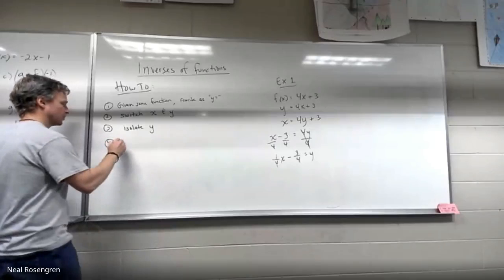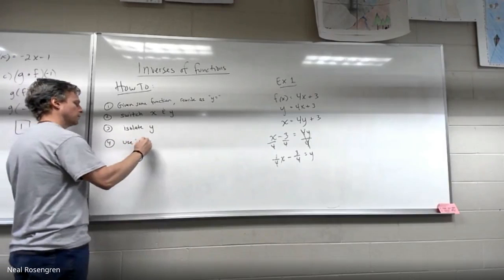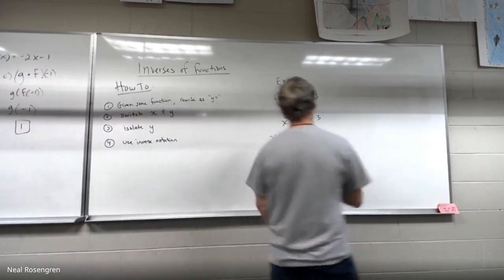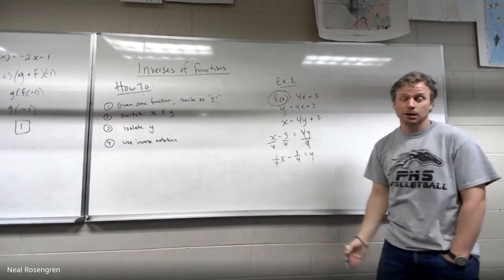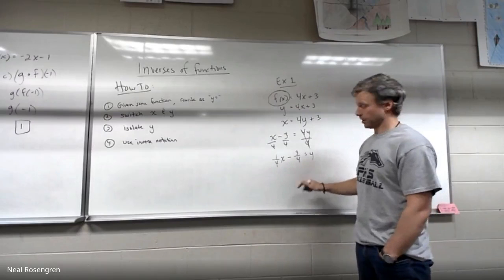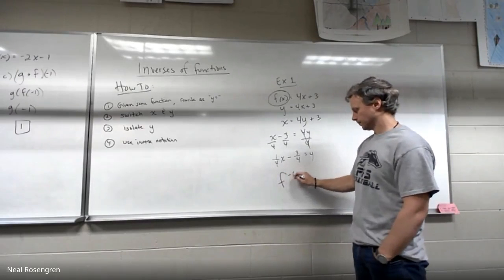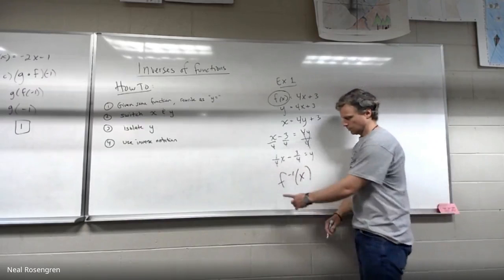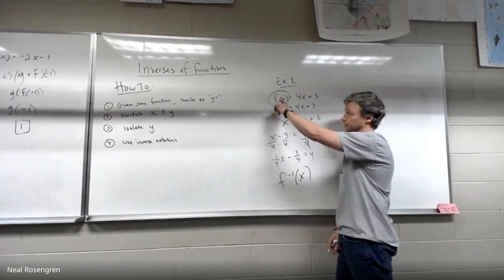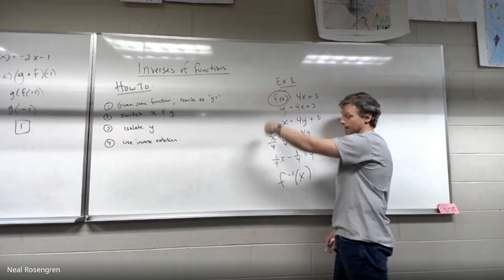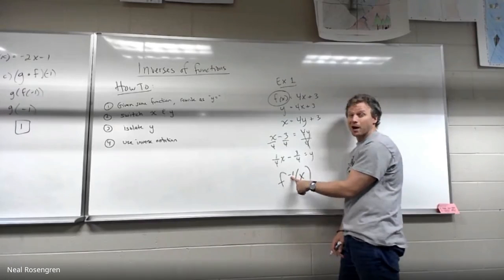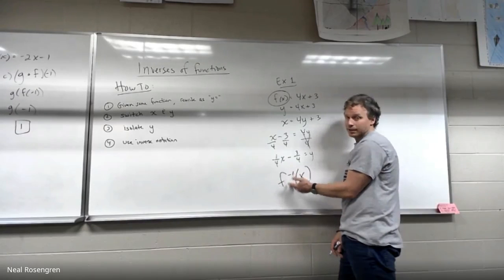Now I just use inverse function notation. If this function from the beginning was f of x, then this right here is the inverse of f of x, and we write it like this. Between the f and the x, I put a little notation up in what would be the exponent area.